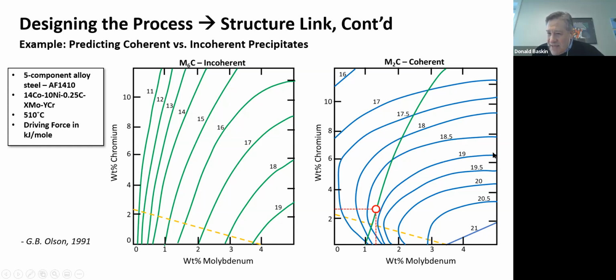That's this contour line right here that says 19 kilojoules per mole. So this composition is like 1 1/4, maybe 1 1/3 weight percent molybdenum, and about 2.25 or 2.3% chromium. That becomes the composition that you choose to precipitate out a fine dispersion of M2C carbides, yet avoid precipitating out in your steel the M6C incoherent precipitates.